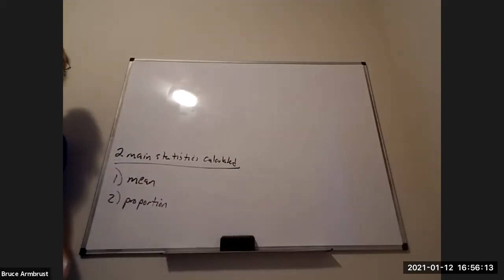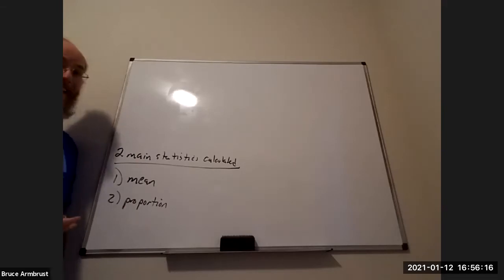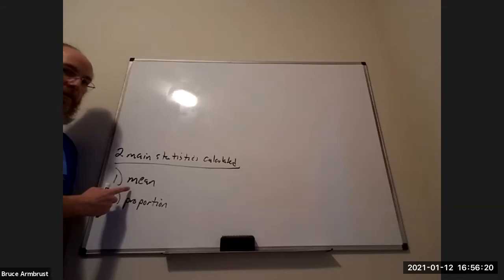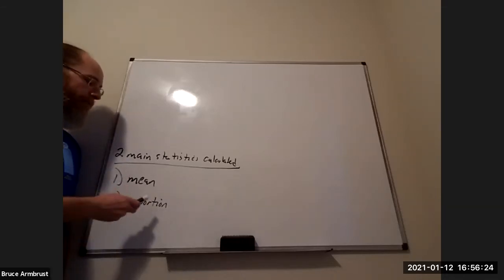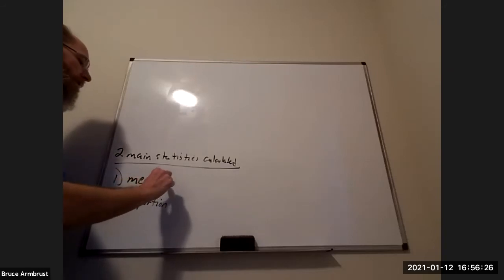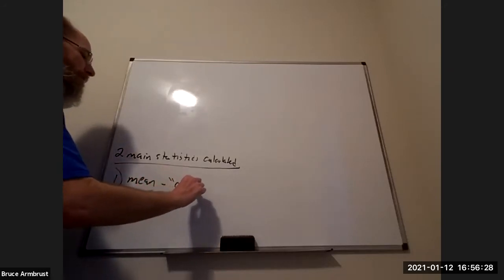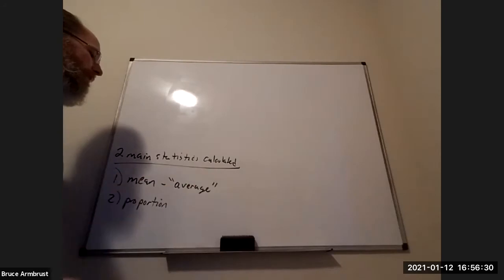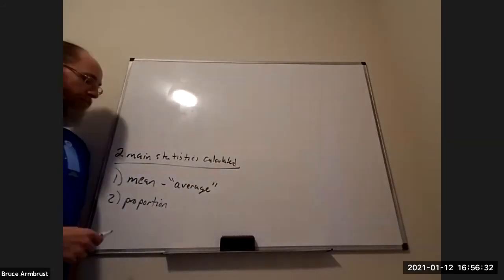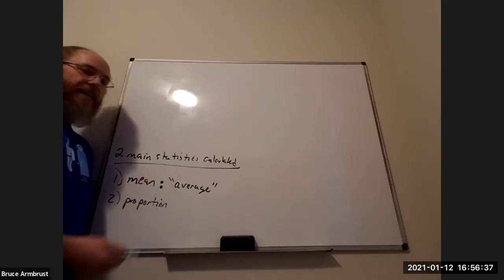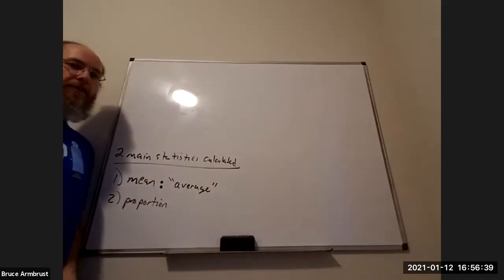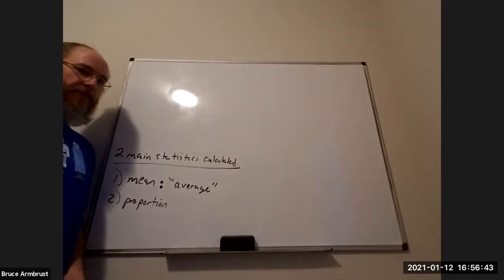So when we have a set of quantitative data, where we actually have numbers, we tend to look at either the mean or the proportion, or sometimes both. Now, the general word for the mean is average. The mean of data is the average. It's the average height, the average number of pets, the average age.